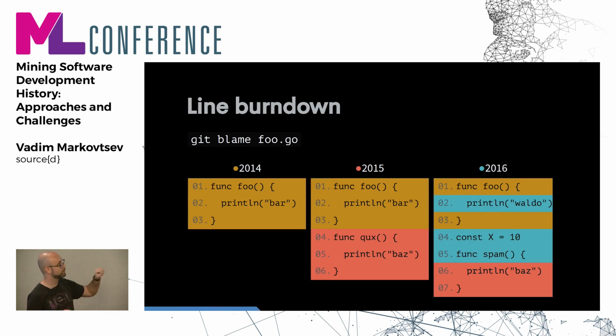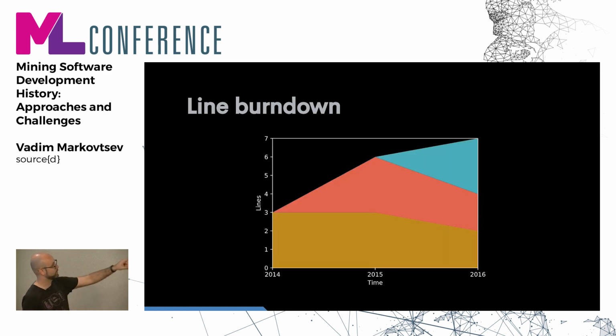But in 2016, you edited 1 line which was yellow. And now you have only 2 yellow lines, and you plot exactly that. You see that it starts going down. The same about red and the same about blue. And this type of plot is called a burn down plot because it can only monotonically decrease, and it indicates how much code in your project is still alive, let's say still not overwritten through time.